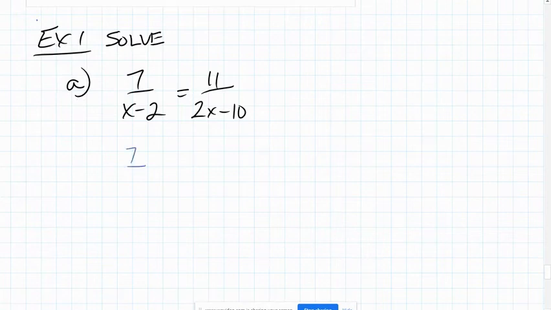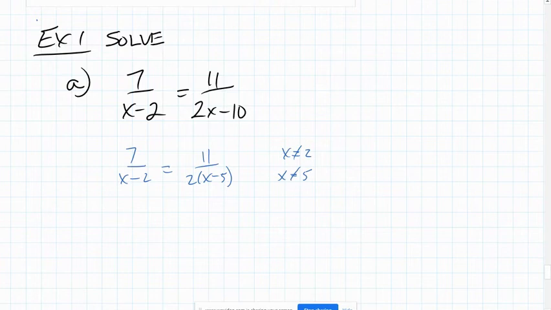Okay, so if we factor the denominator on the right side, we have 2 times x minus 5. And so for our excluded values, we see that x cannot be 2 and x cannot be 5. Otherwise, we would have zeros in the denominators.